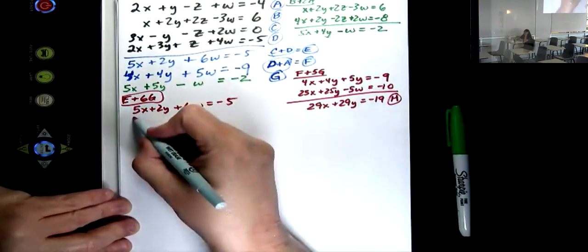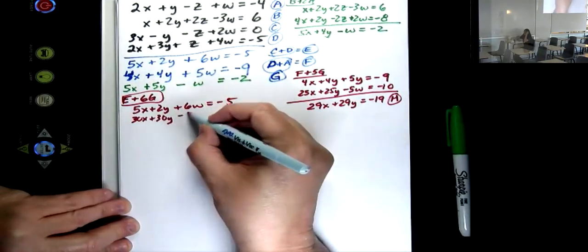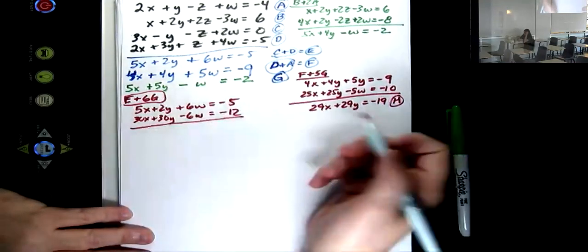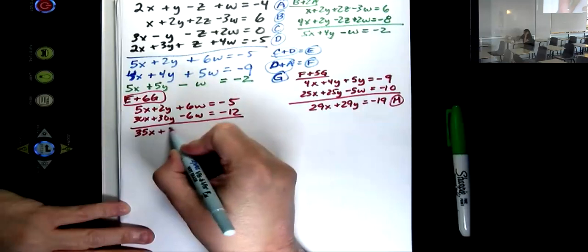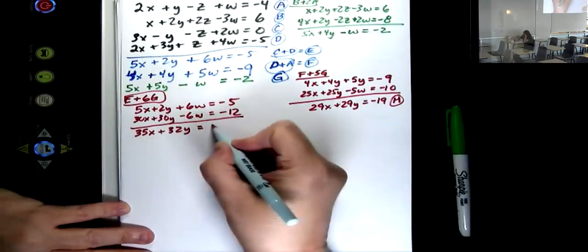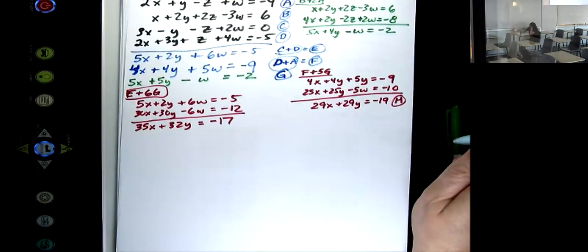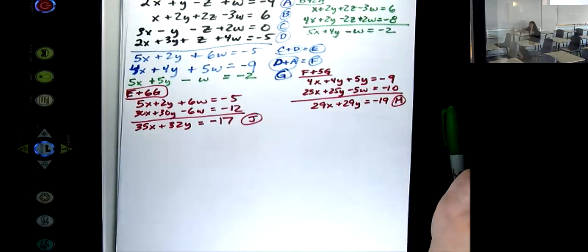And then 6G is 30x plus 30y minus 6w minus 12. I'm gonna call that J. This is crappy. This means we're gonna have fractions.